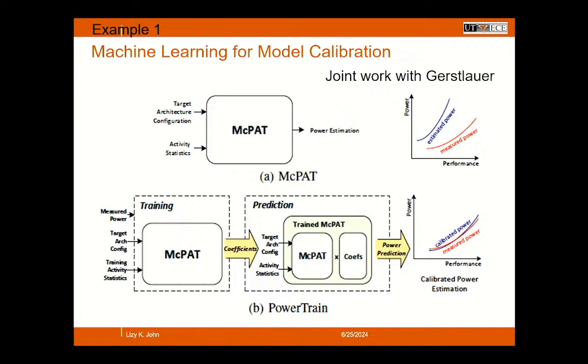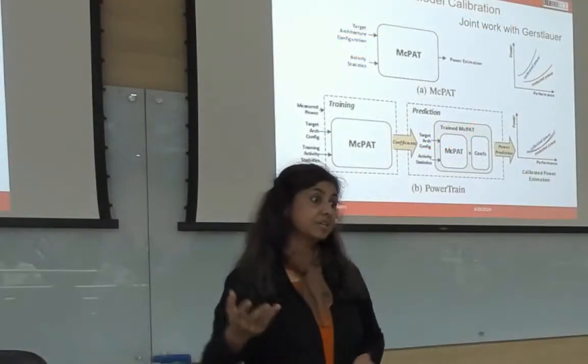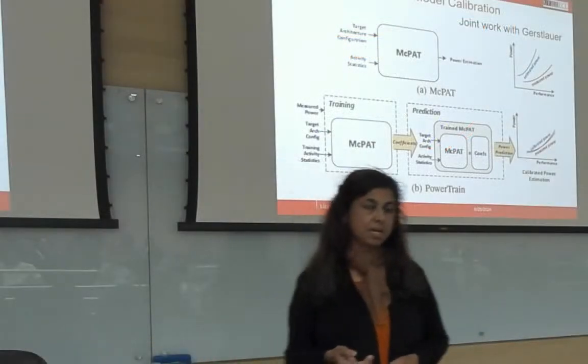But the estimated power is that blue line over there. Often if you would make hardware for that same corresponding configuration, you will see that you are wrong. And that error is not small, 30, 35, 40, 50% sometimes.